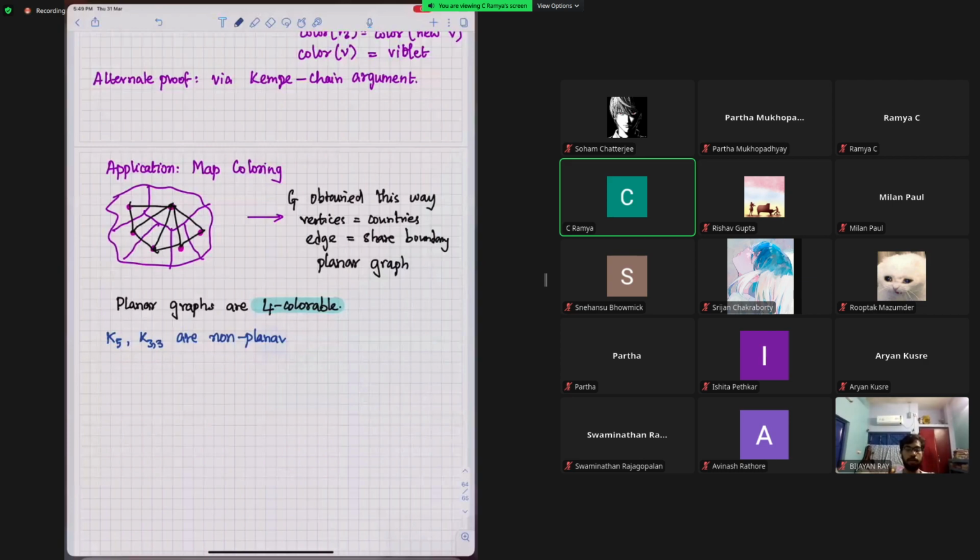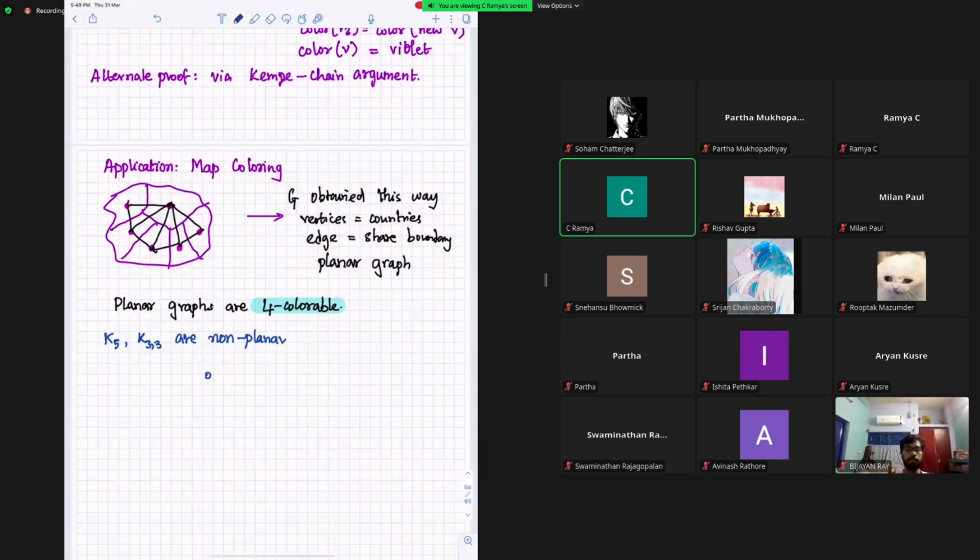So let's consider the following graph that I draw right now. I should probably draw it better. And then there are 5 more vertices.